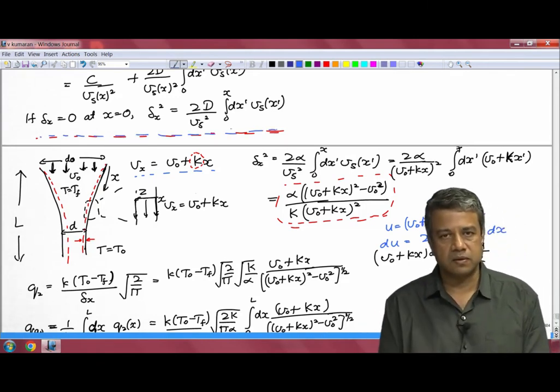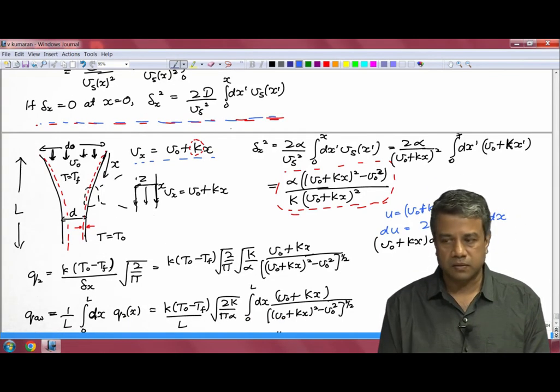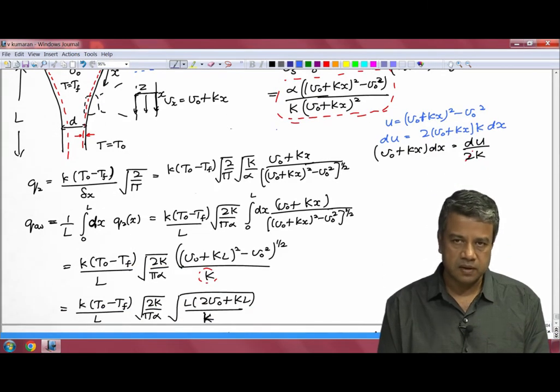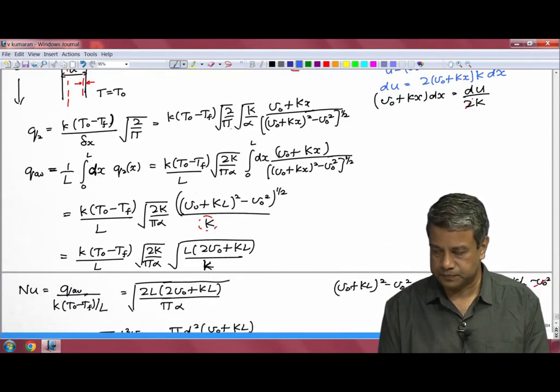The heat flux goes as 1 over the boundary layer thickness, and the average flux is 1 over L times the integral 0 to L of the local heat flux. So, we just have to carry out that integral, substitute the boundary layer thickness into that expression, and derive the correlation for the Nusselt number or the Sherwood number.